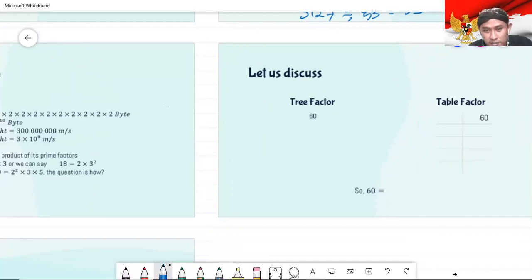Can 60 be divided by 2? Oh, yes. It becomes 30. Divided by 2 again equals 15. How about this? Divided by 3 equals 5.